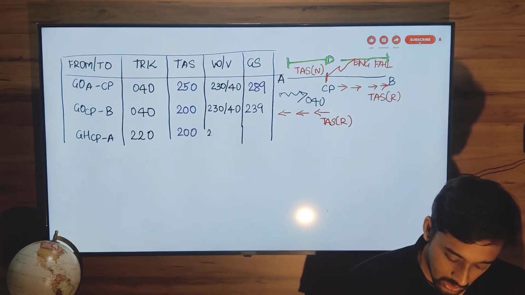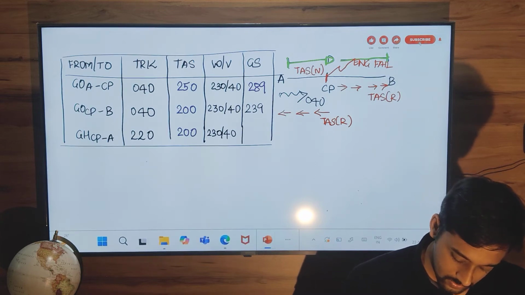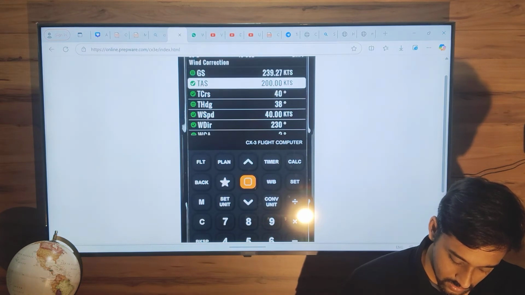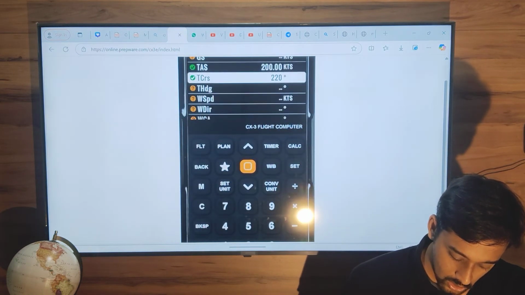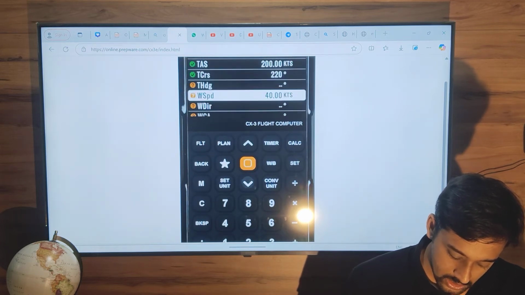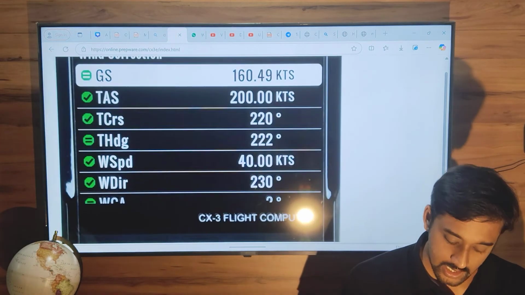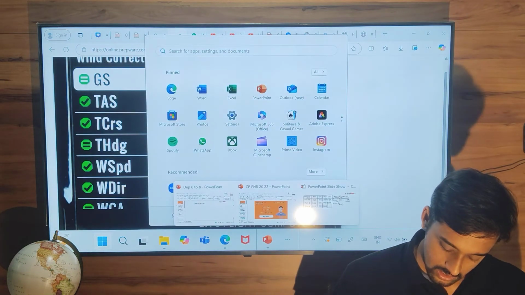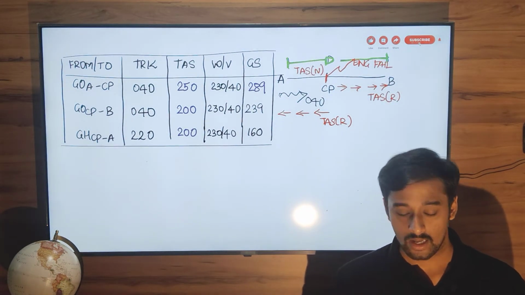Winds will be 230 at 40, and ground speed will be, course 220, TAS 200, wind speed 40, direction 230. So your ground speed will be 160.49. So 160 knots. So now our table is complete.